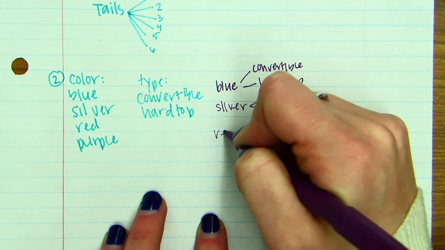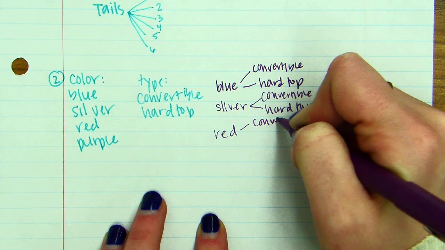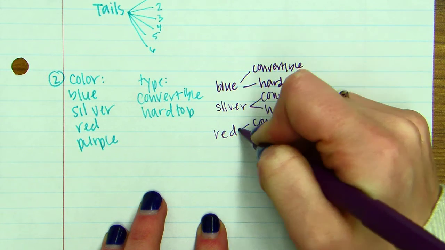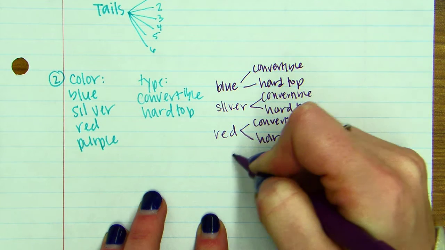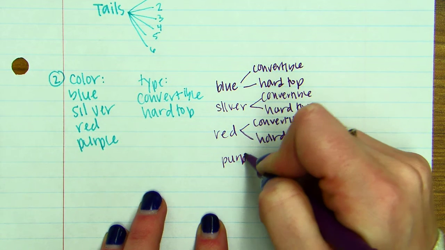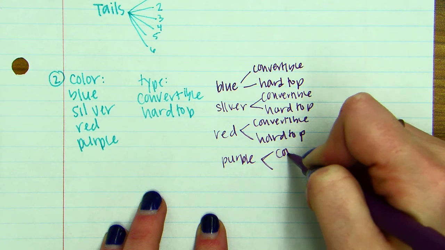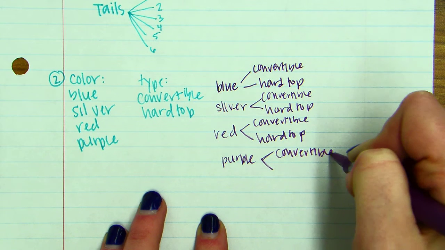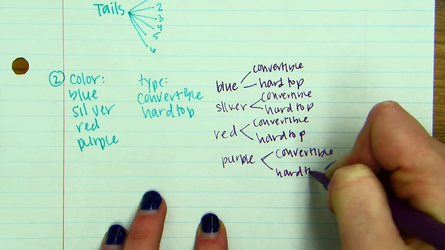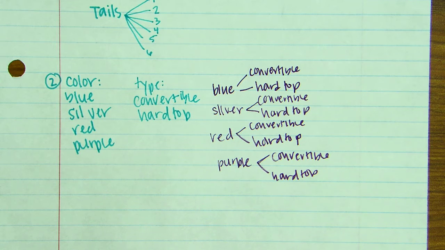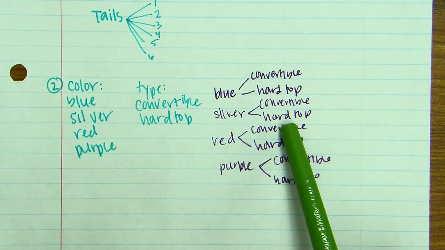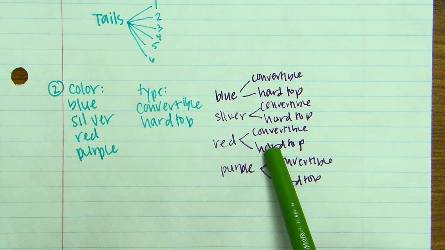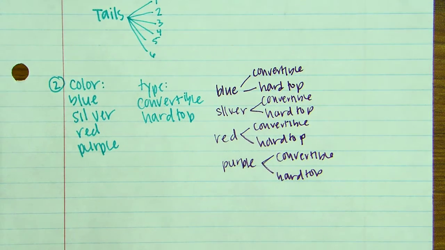If I get a red car, it could be a convertible or it could be a hardtop. If I get a purple car, it could be a convertible or it could be a hardtop. So we have 8 possibilities. Our 8 possibilities are blue and convertible, blue and hardtop, silver and convertible, silver and hardtop, red and convertible, red and hardtop, purple and convertible, purple and hardtop.